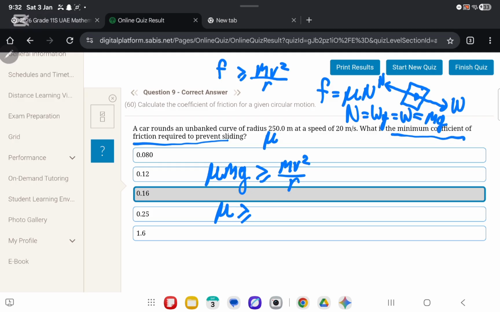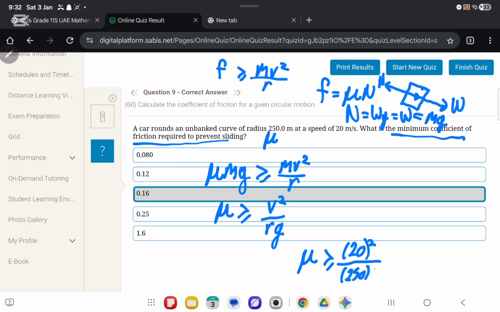You cancel m with m, so you get v squared over rg. Now we have v, we can square it. We have r, we have g. So mu is greater than or equal to 20 squared over r, which is 250.